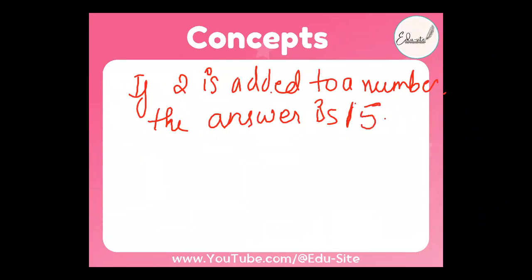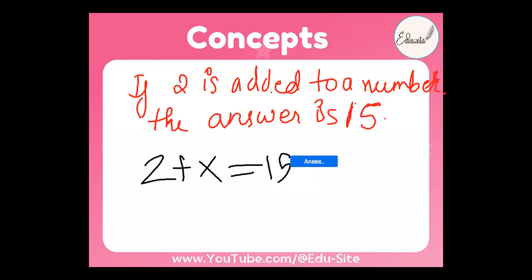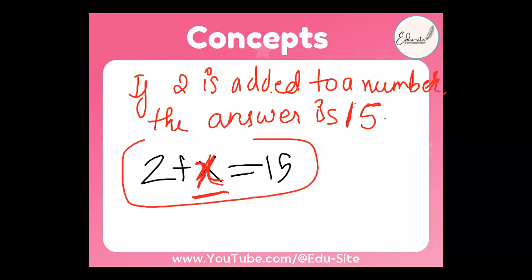Write it in the form of an equation. This is an equation that you form because you do not have the value of that number, so you write it as x, correct? So this is an algebraic equation that you have framed from this one. So it is 2 plus x is equal to 15.